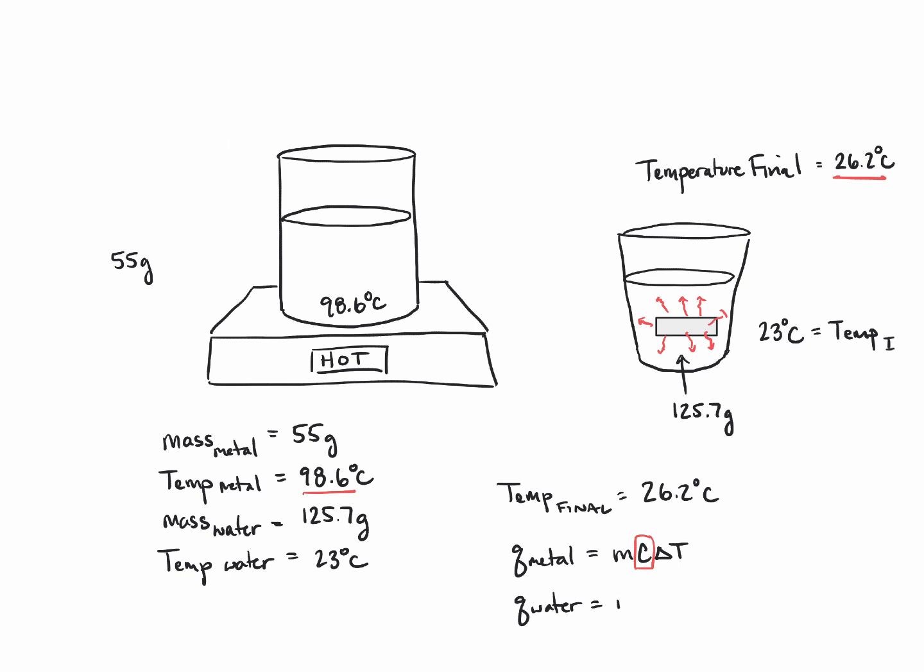The Q for the water is also mc delta T. That mass is 125.7 grams. The specific heat here, we already know: it's 4.184 joules per gram degree Celsius. That's a number we just know. And the change in temperature is from 23 up to 26.2.